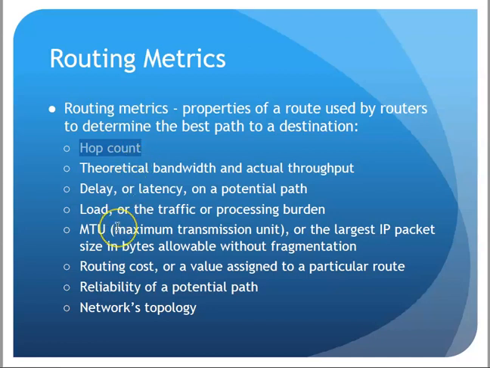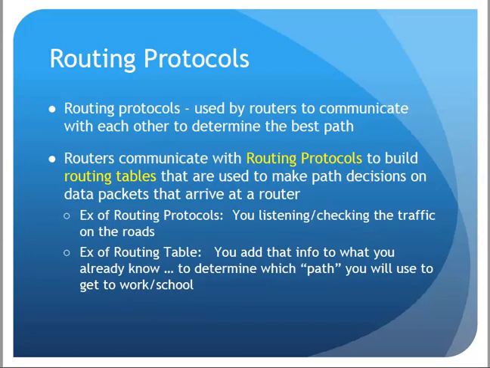Bandwidth, delay, load, maximum transmission unit, routing cost, that's usually a number assigned, reliability, network topology, etc. Depending on the routing protocol, it uses some of these, maybe one of these, and some routing protocols actually combine a couple. And that's kind of what our brain does. We usually combine a couple. We look at time of day, the type of road it is, whether there's construction, whether there's a special event going on, and then we use that to make our decision on which way we're going to go.